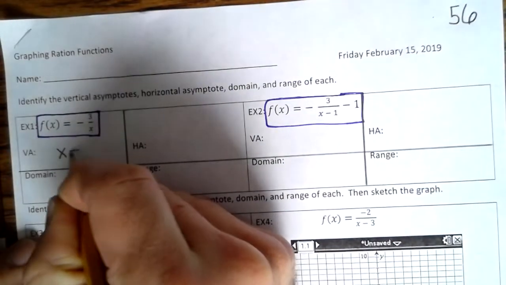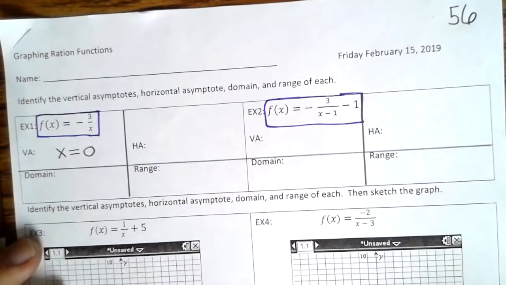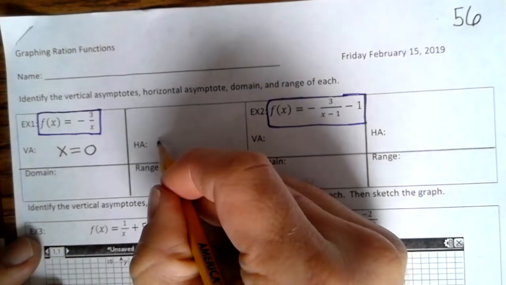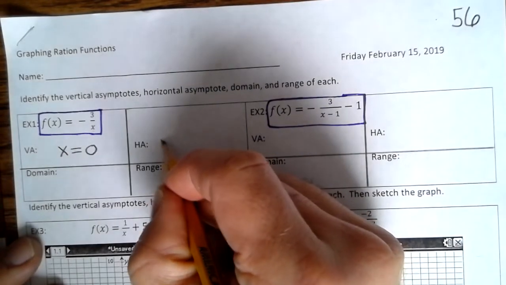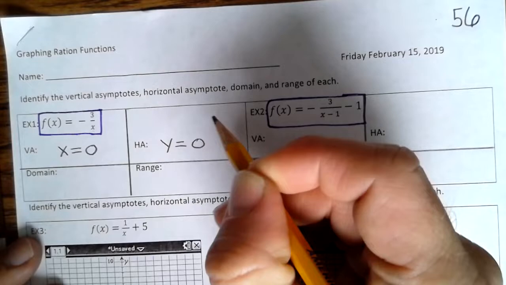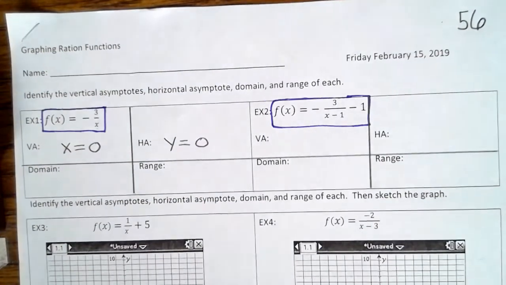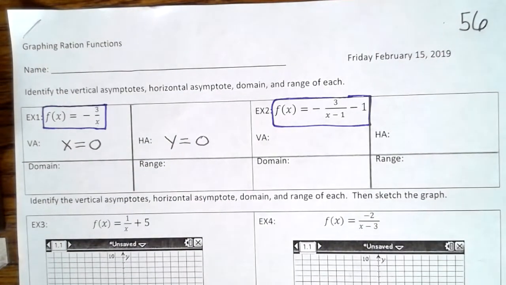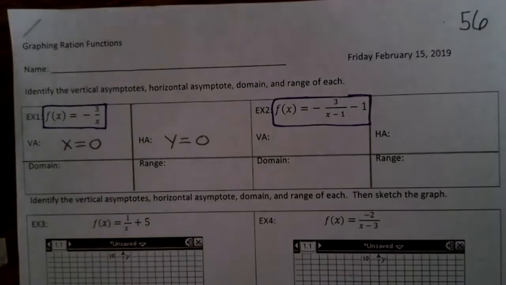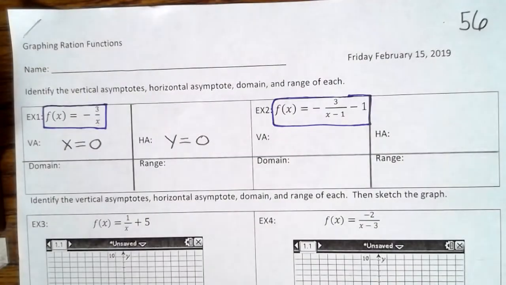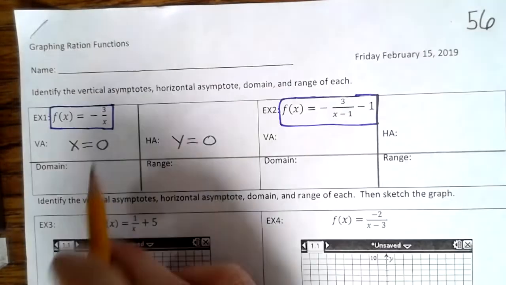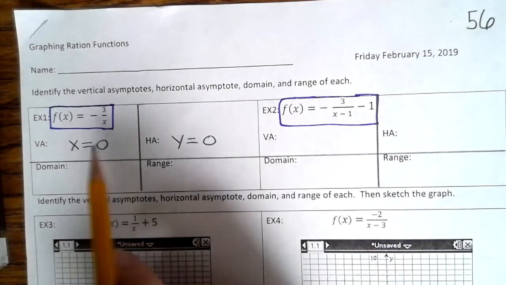And in this case, the horizontal asymptote is y equals 0. All right. Now, domain is going to this asymptote, and range is going to this asymptote, okay?